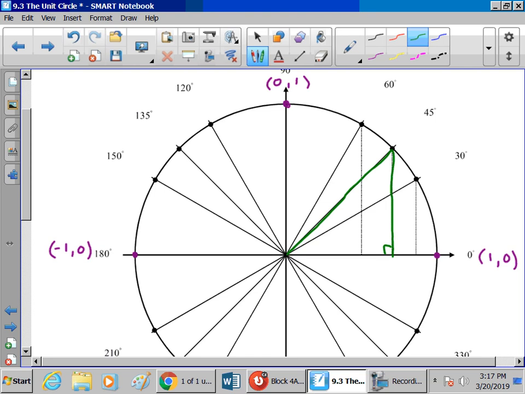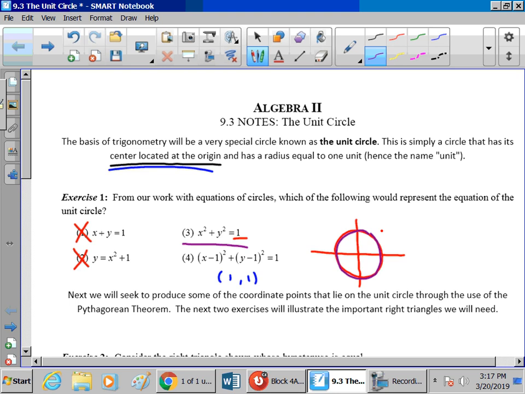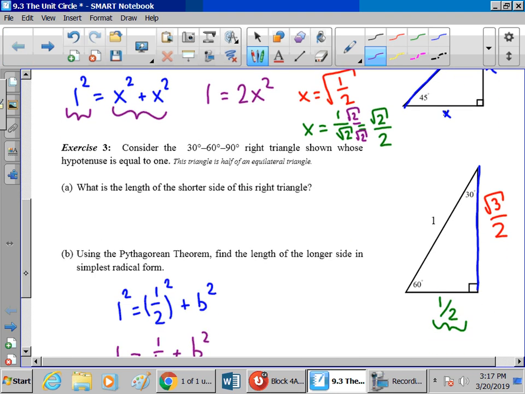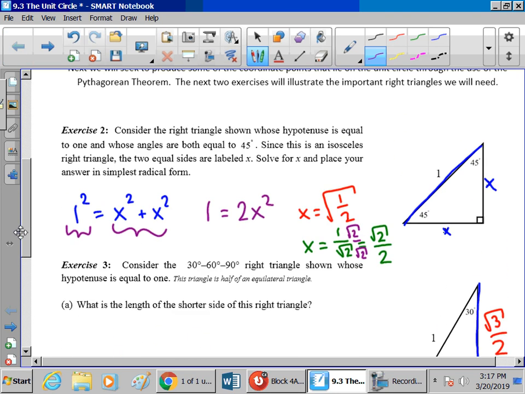And we know that this measure is 45 degrees. If we're just looking at this triangle, ignoring all the other stuff that I'm drawing over, this also has to be 45. Well, that makes it a 45, 45, 90 triangle. If you remember what we know about 45, 45, 90 triangles, that tells us that both the side lengths x have to equal rad 2 over 2.